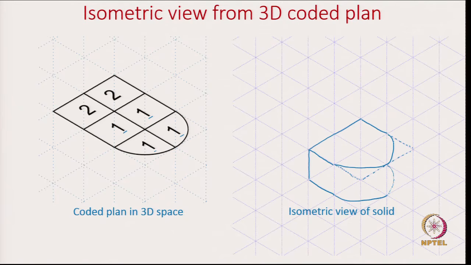Now, what I will do is draw a tangent between these two semicircles, because this tangent defines which part of the small arc is visible and which part is invisible. So, this part is visible, so I will make it a full line. Okay. And let me now remove all the construction lines, so that it is clear what we are drawing.